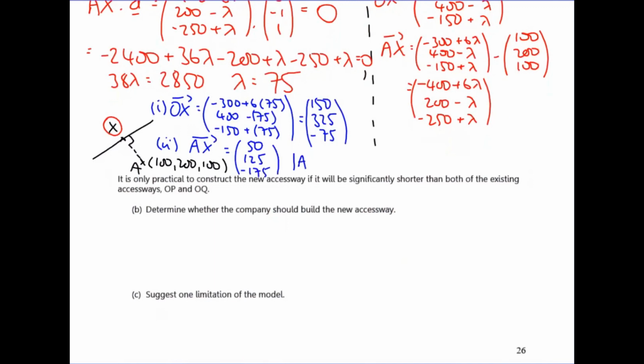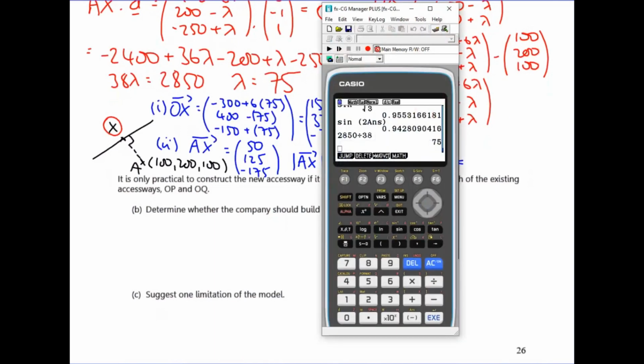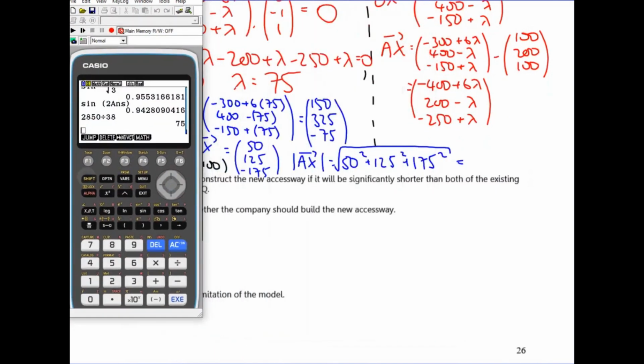If I do the magnitude of that, so that's 50 squared plus 125 squared plus 175 squared, square rooted. Lovely, 25 roots. I want it as a decimal really because it's in context. It makes more sense to have it like that.